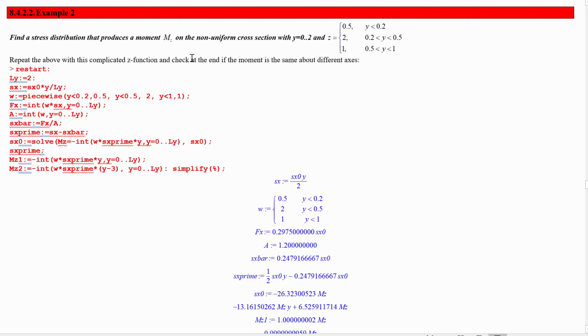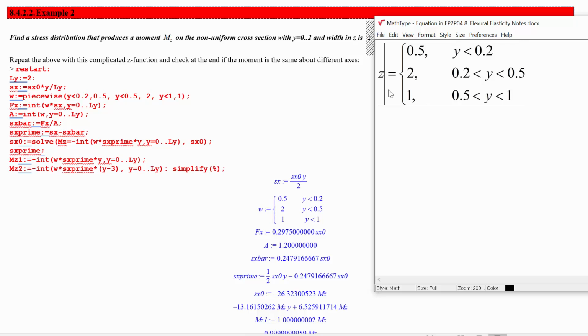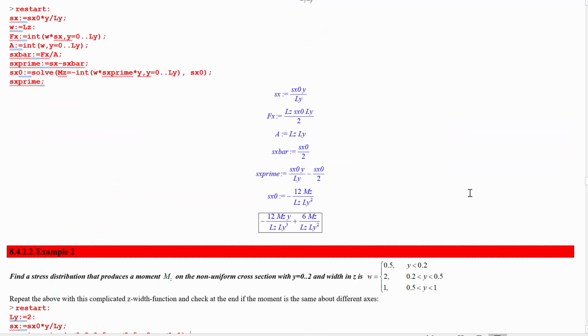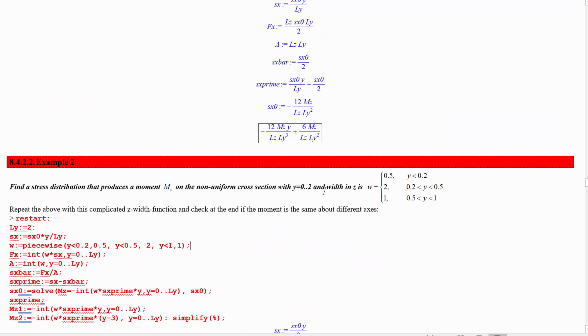How do we find a complicated z width function? Really, I should say the width in z, and this is really not z, but let's say the width w there, a z width function.